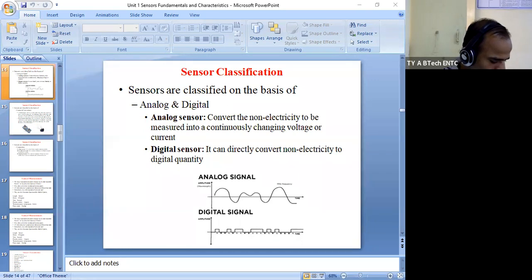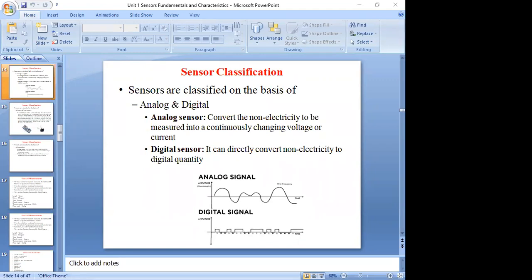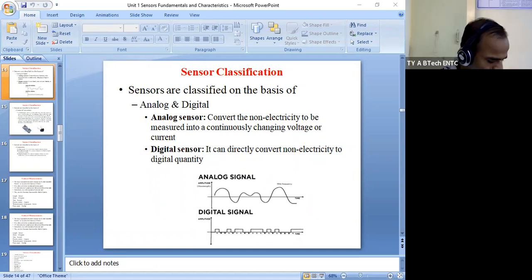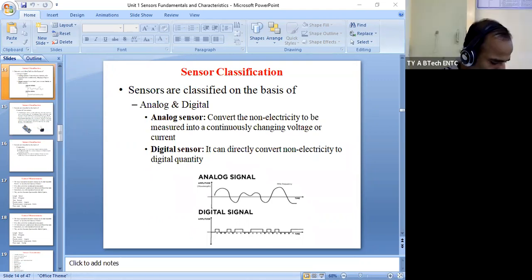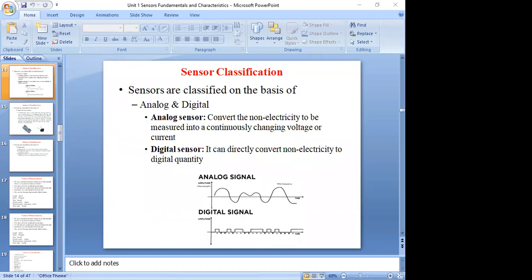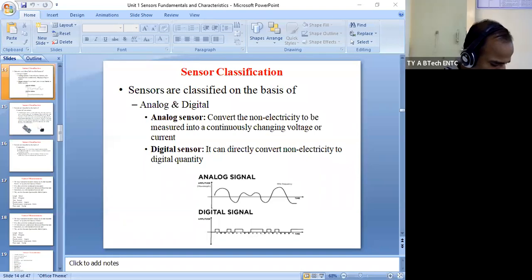31, 34, Amar, 36, Ram Vijay, 38, Yes, sir. 40, Sagar Patil, Patil Sagar, 40, absent. 41, Patil Shubham, absent. 42, Rahul.